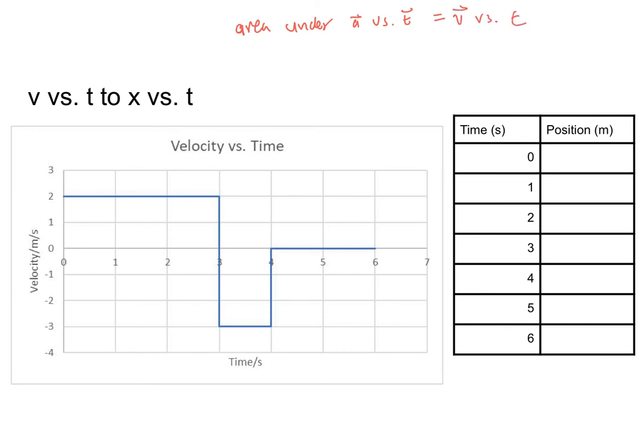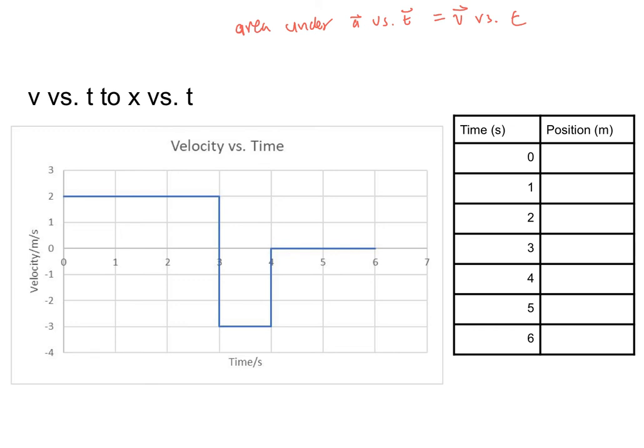So the same method I'm going to use here to go from velocity versus time to position versus time could be used to go from acceleration to velocity. However, the graph that we just drew is not conducive to this assignment, so I'm going to go ahead and not do that example. However, you should know the same method I'm following here to go from velocity to position is the method you would use to go from acceleration to velocity.